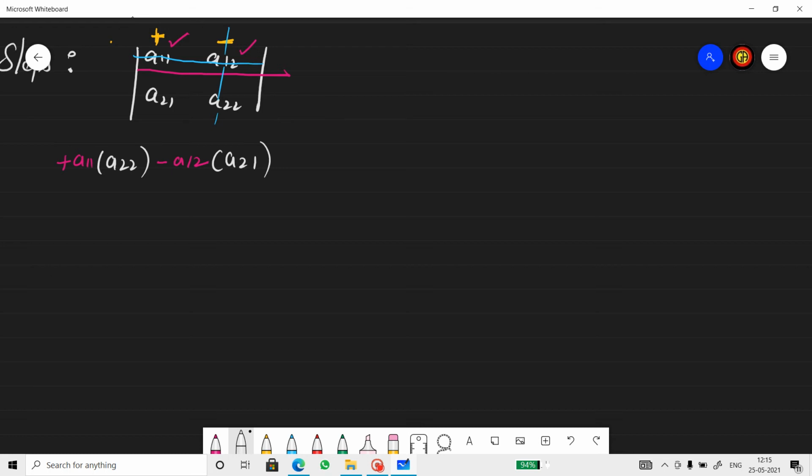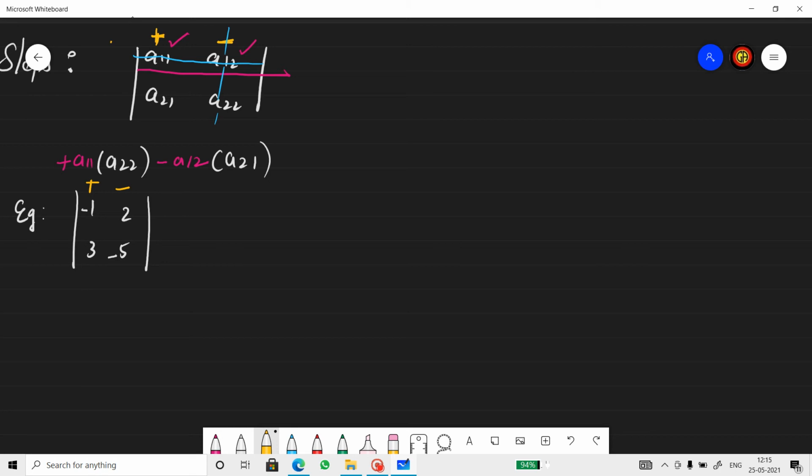Now let me give you an example with numericals. Example, determinant of 1, 2, 3, 5. Or let's keep it as minus 1 and minus 5. I said put a plus and minus sign on top of it. That's the first step.